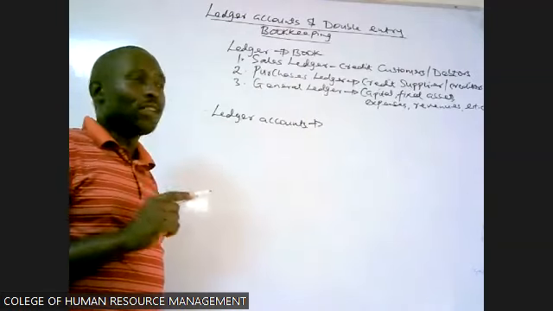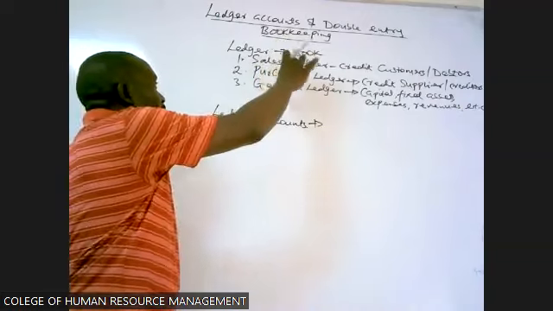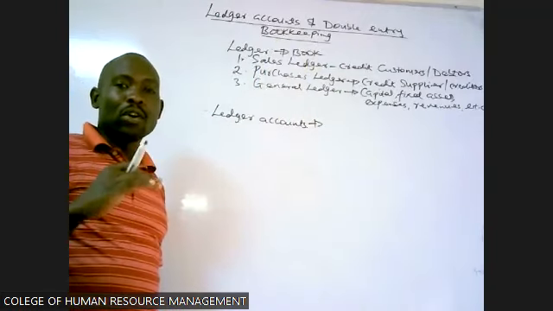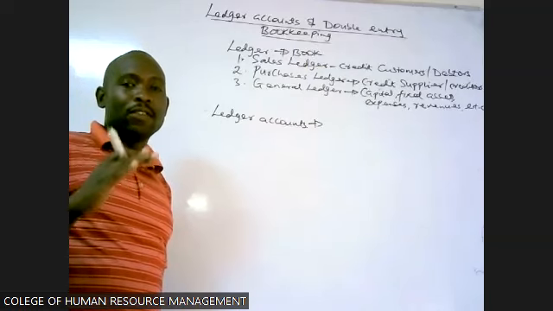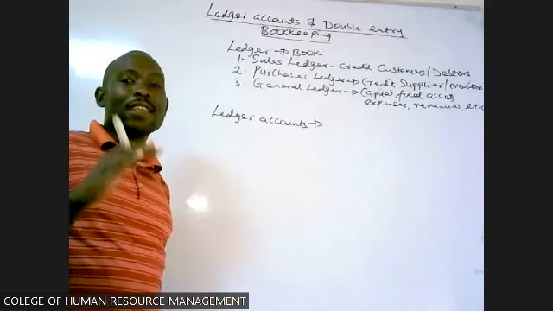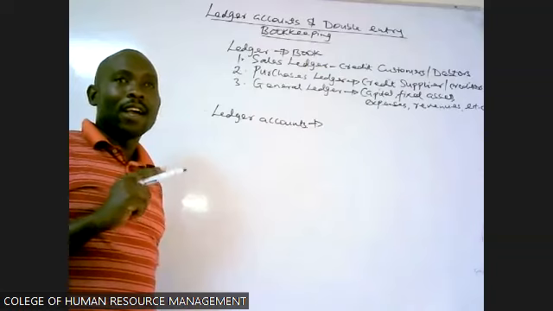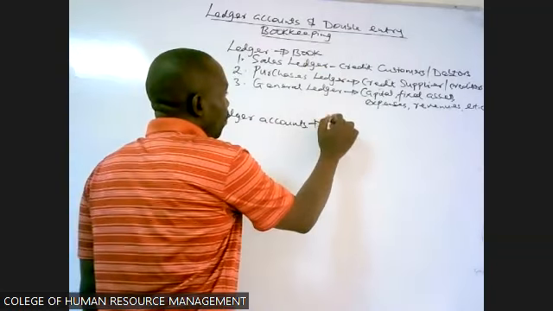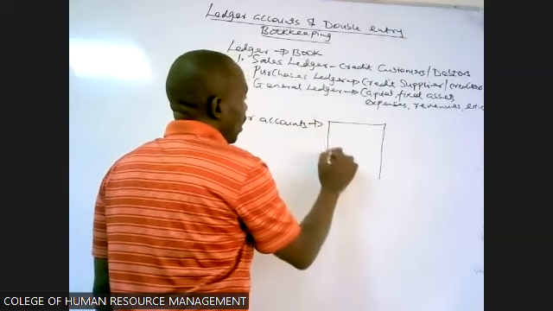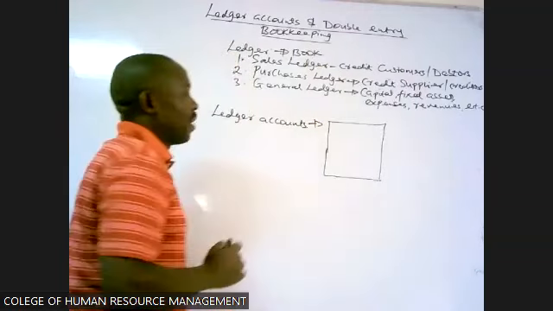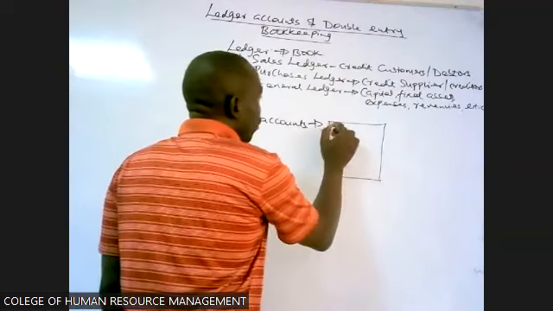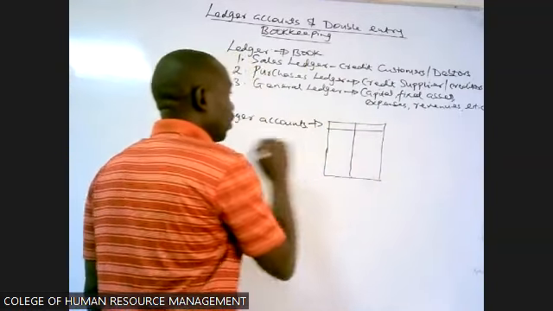These ledger accounts are the ones that are going to be contained in the ledger. So a ledger is a book containing pages. Each page of the ledger is a ledger account. So a ledger account is going to be of this form. Maybe you have seen it like this. This is the page of a book. Then that page will be divided into 2, like that.